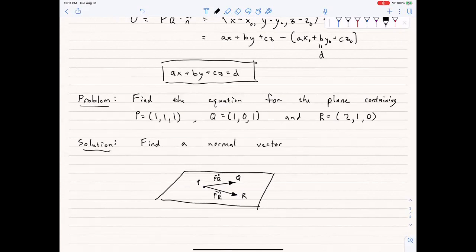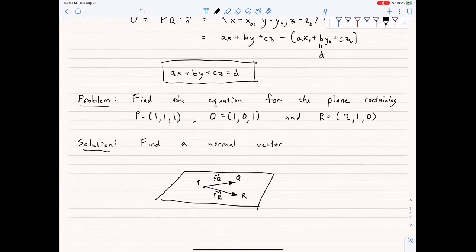Does that sound familiar? A couple of vectors and you want a vector that's orthogonal to both. What should you do? Cross product, great. Thanks. That's the miracle of cross products.